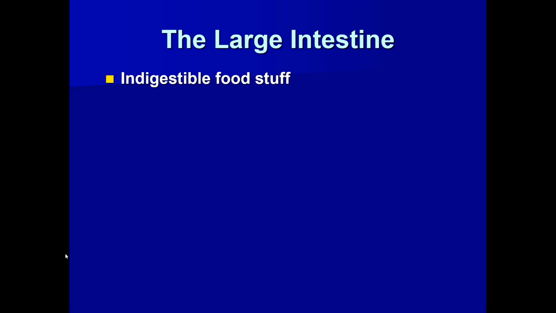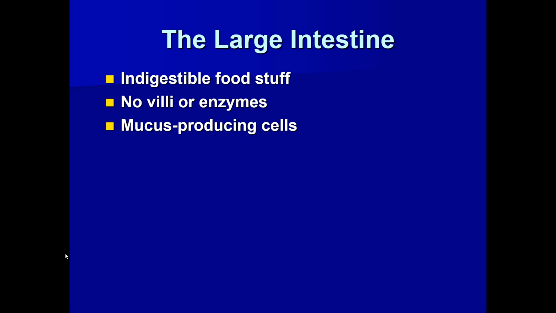Now, unlike the small intestine, there are no villi or enzymes to help in breakdown or really absorption. Now, we do absorb many things. I'm not going to talk about mucus producing cells. We do absorb many things in the large intestine, mostly water and different minerals.